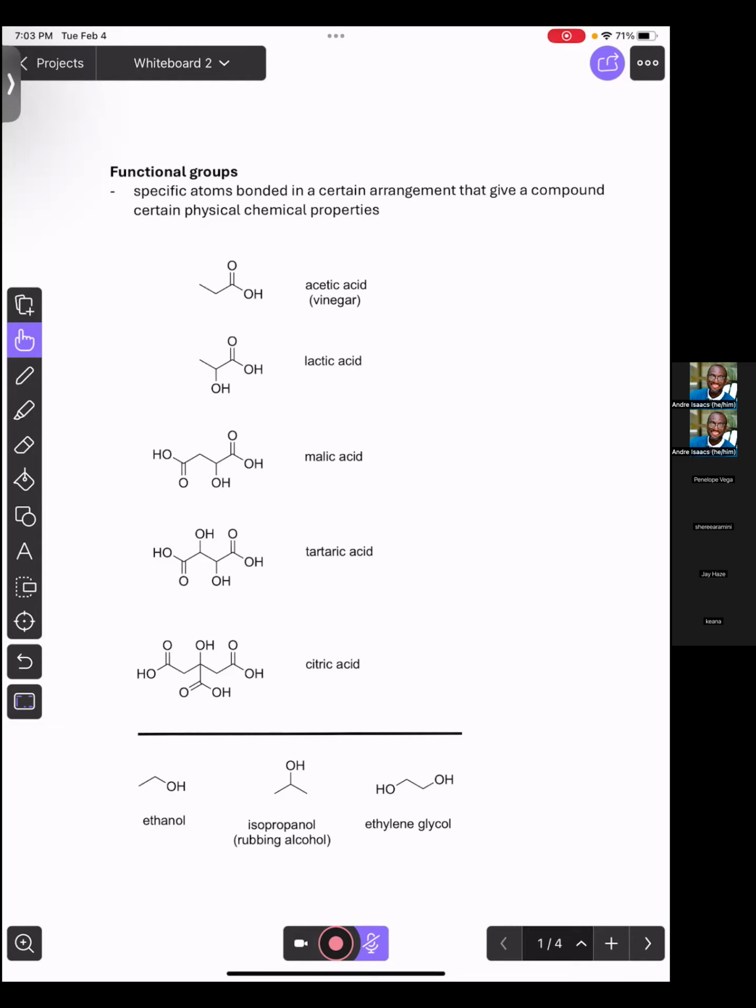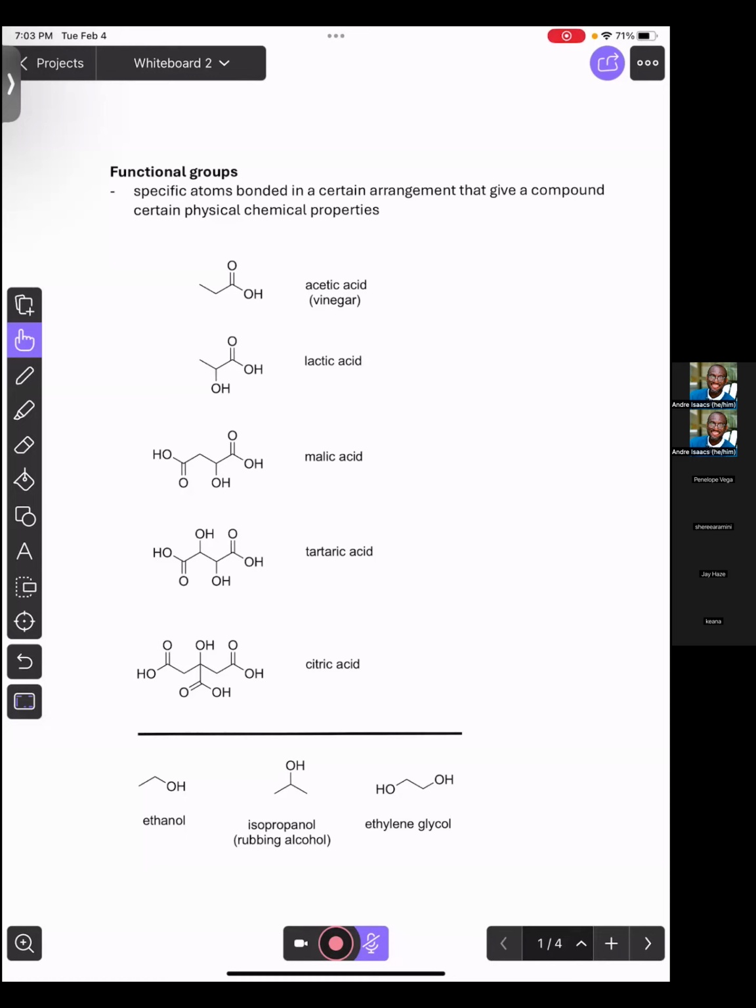And what we're going to do now is transition from just drawing structures to seeing if we can start identifying units within structures. Because these units within structures will tell you how these molecules are going to react. We call these functional groups. Functional groups are specific atoms bonded in a certain arrangement, and that gives that compound, or that portion of the compound, certain physical and chemical properties.